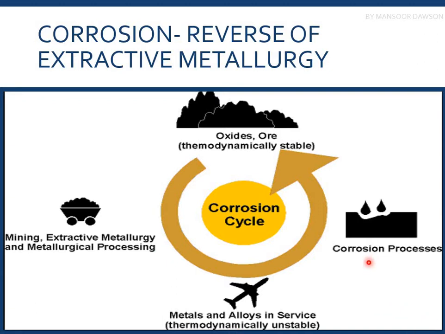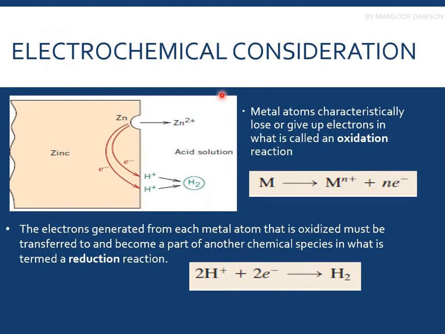Then it tries to react with the environment or the corrosion environment, and tries to get back to its original thermodynamically stable form with the lowest form of energy, in terms of oxides and the minerals in which it was present previously. So this is basically corrosion.